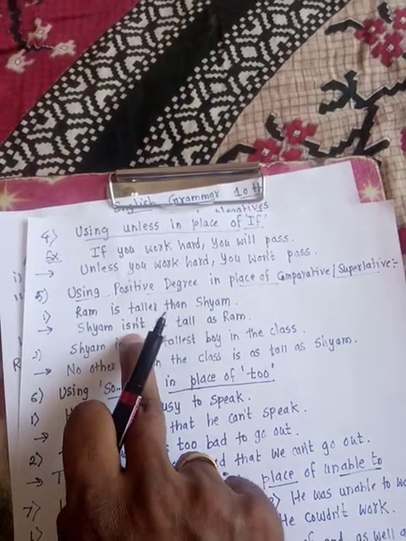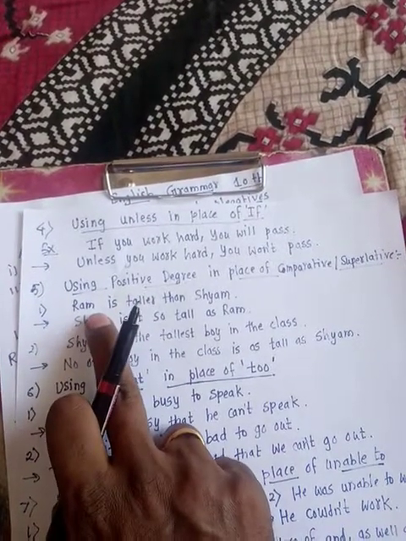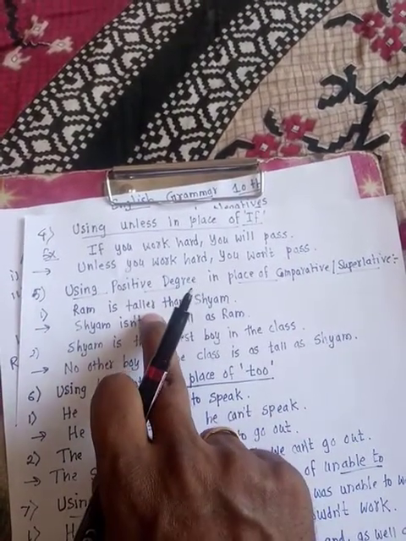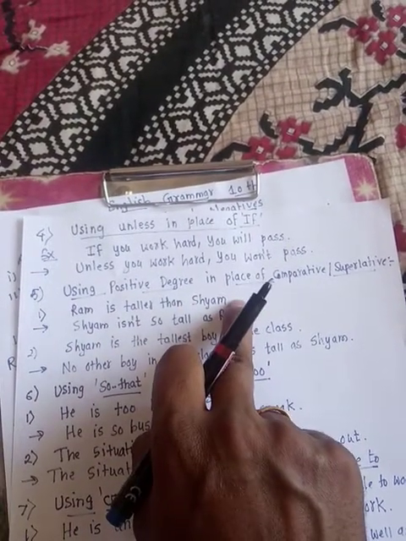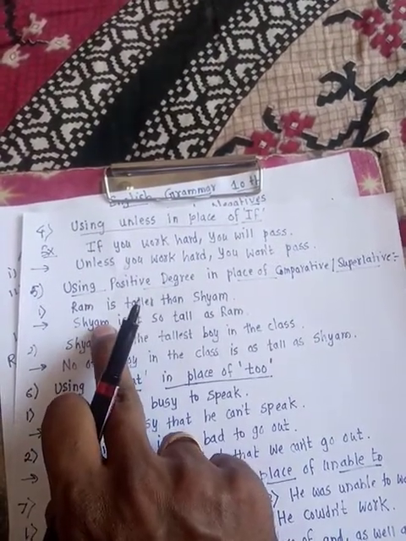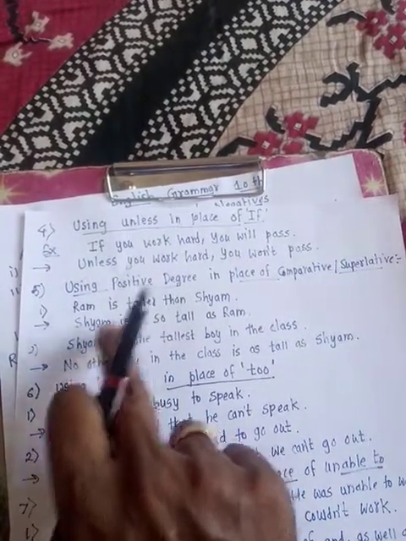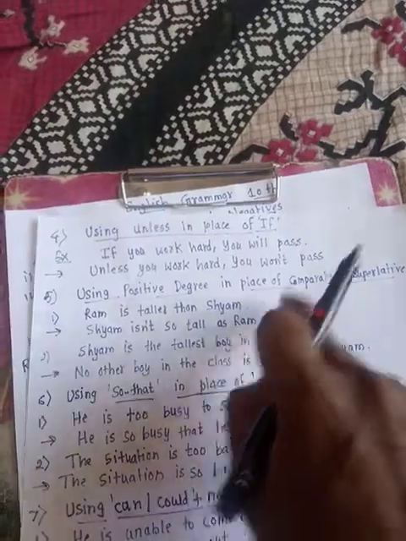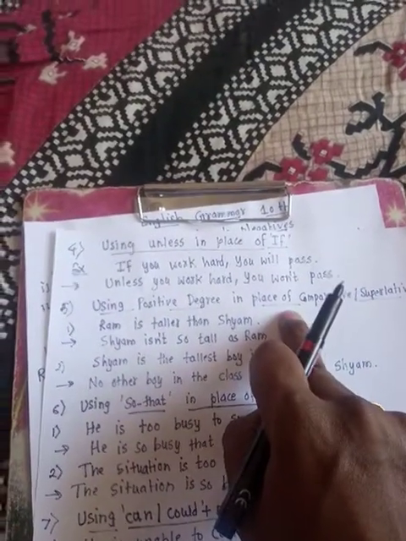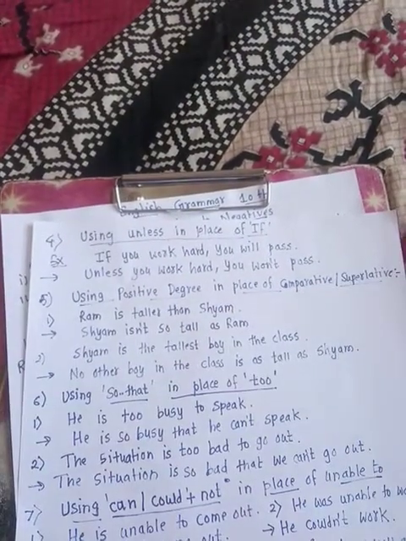Now what is the situation given? Ram is more tall compared to Sham. So when we start with Sham, we have to make it negative: Sham is not so tall as Ram. This transformation we'll study in detail when we start the degree chapter.